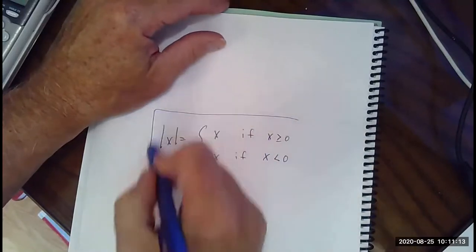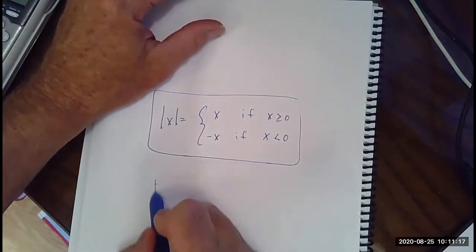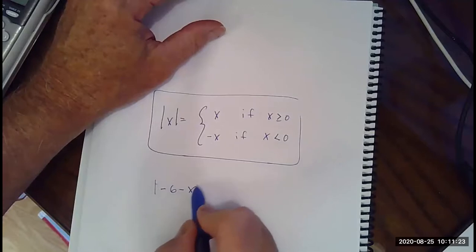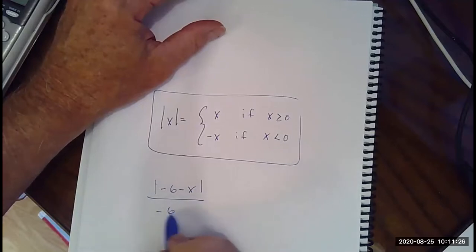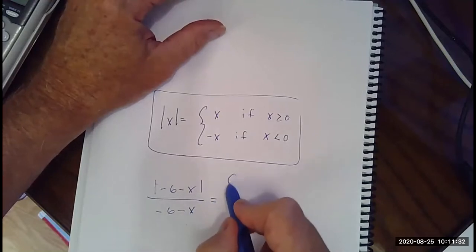Okay, that's your formal definition of absolute value no matter what. So if you had the absolute value of -6 minus x, like that? Yeah. Okay, equals.